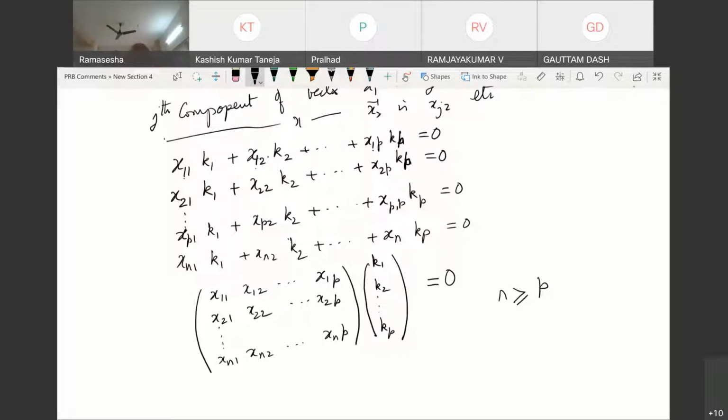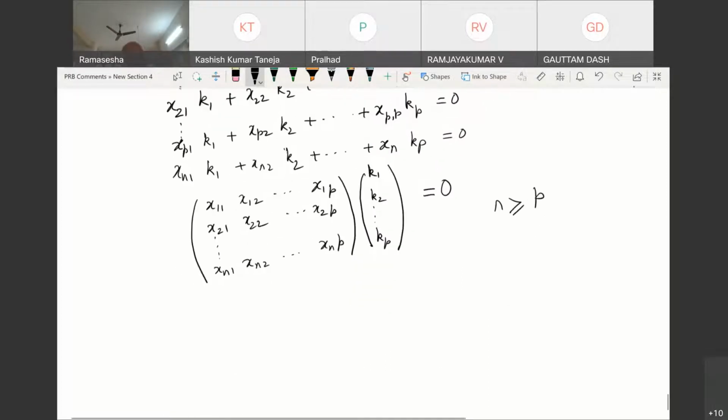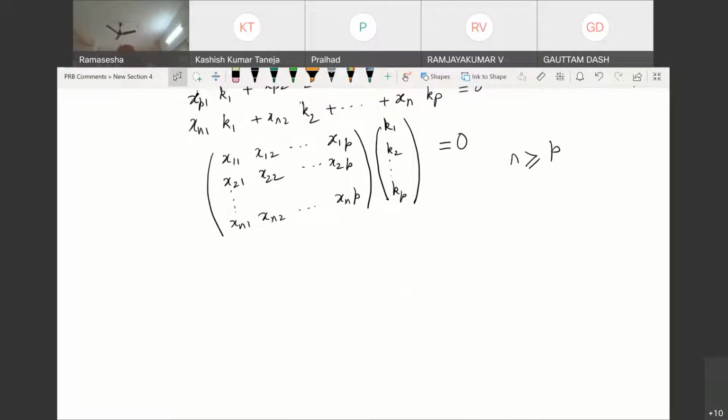Okay, so I have p equations and n unknowns, and for the time being, let us consider p component vectors.